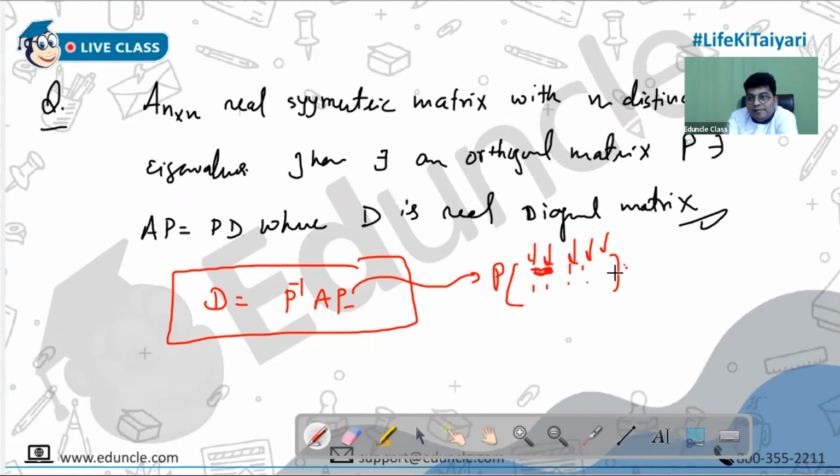So this matrix is an orthogonal matrix, because it has n distinct eigenvalues. Anyway, even if not distinct, it is also diagonalizable, and you can write it with an orthogonal matrix P. P is the matrix formed by all linearly independent eigenvectors found from those eigenvalues. Am I clear? Is it clear to all of you, students?